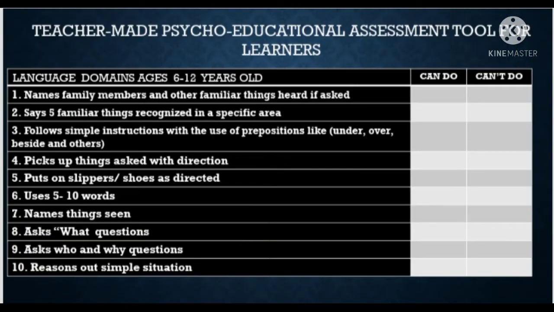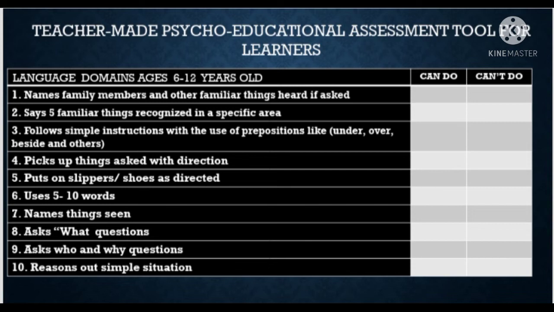For the language domain, number 1. Names family members and other familiar things heard if asked. 2. Says 5 familiar things recognized in a specific area. 3. Follows simple instructions with the use of prepositions like under, over, beside, and others. 4.